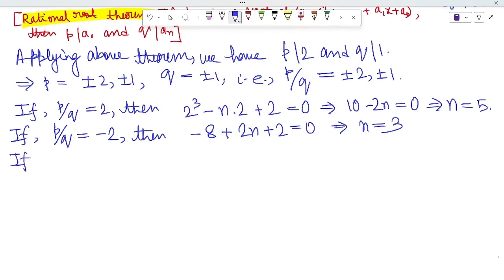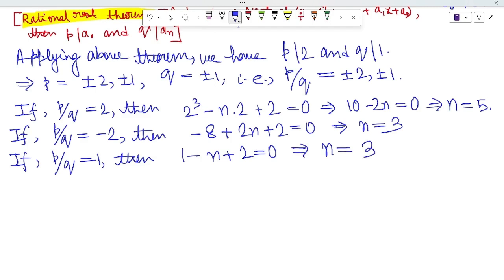If P by Q is 1, then 1 minus n plus 2 equal to 0, which implies n equal to 3.